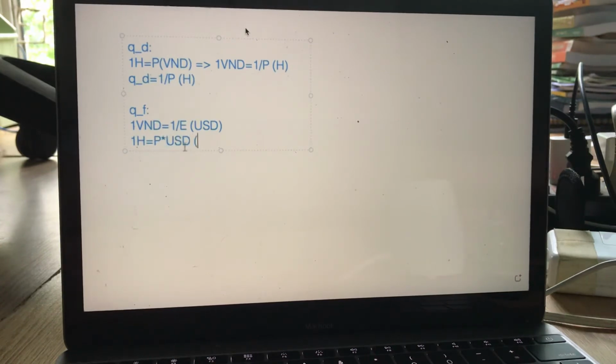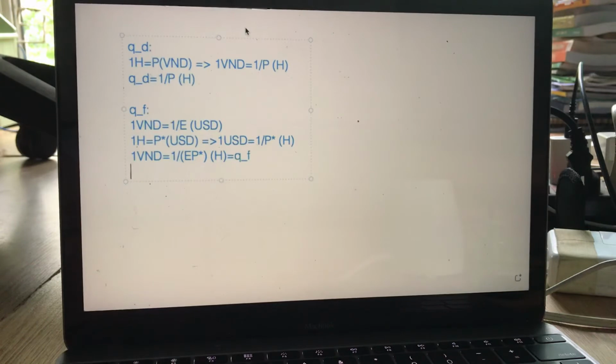P star is the price of 1 unit in the foreign market. And then with 1 USD, you can buy 1 over P star units. And with 1 VND, we have 1 over E USD. Put them together, and we can buy this many units of products, which corresponds to the QF.